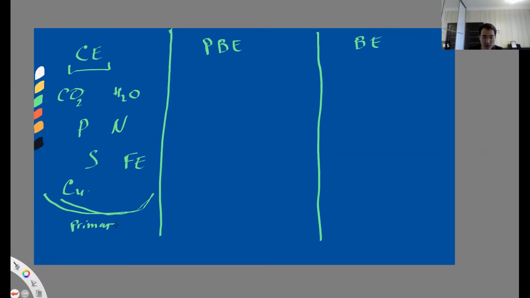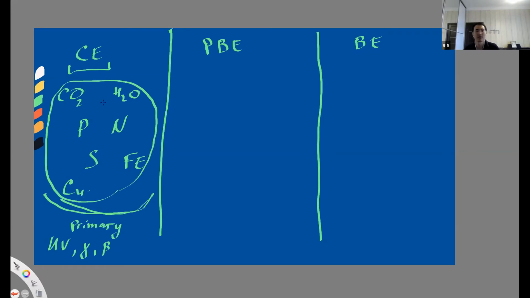Because of the excess of ultraviolet, some gamma and maybe beta, these molecules had very high energies, which means they were very, very active. If you remember, these are free radicals. What happens next is the interaction between these molecules.